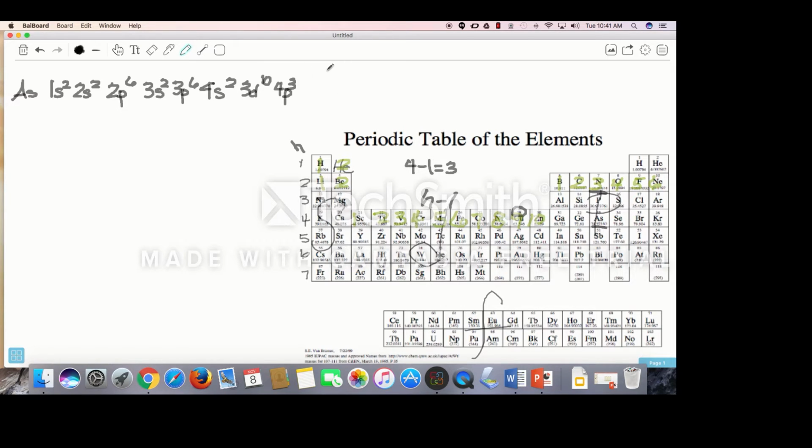So it becomes 4p3. Now remember what I told you just a few moments ago. You have to write them in order by principal quantum number. So this 3d should fall here so that you would have 1s2, 2s2, 2p6, 3s2, 3p6, 3d10, 4s2, and 4p3. So I'm going to rewrite that for you.